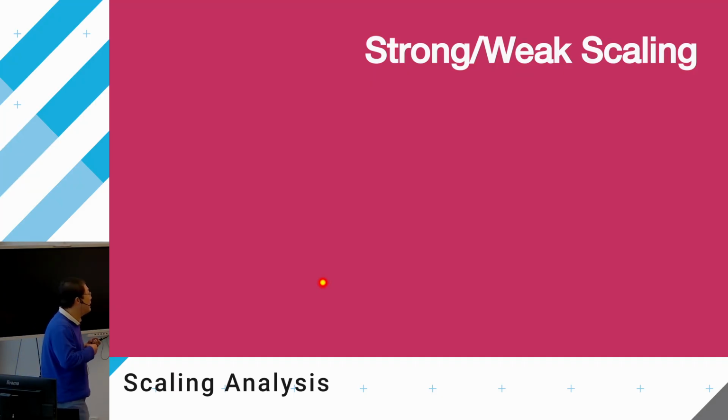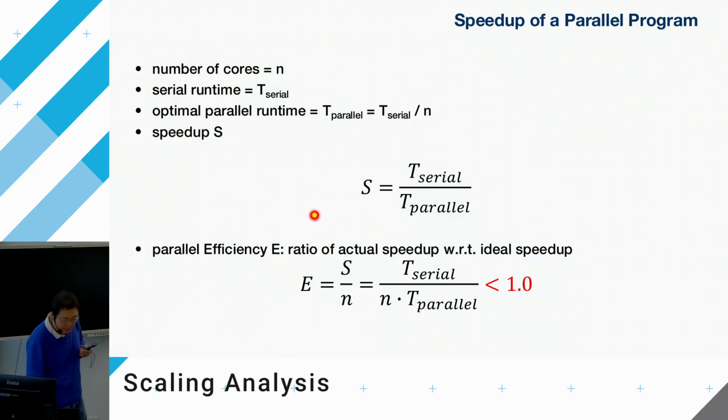Before we do the measurement, I would like to talk about strong scaling and weak scaling very briefly. This part is somewhat theoretical. So how do we measure the so-called speed up of your parallel application? To do that, we can do some mathematical work. Assume we have n CPU cores, and the serial runtime is T serial, and the optimal or perfect parallel runtime is T serial divided by n.